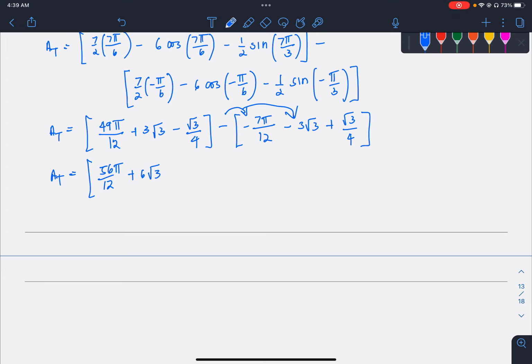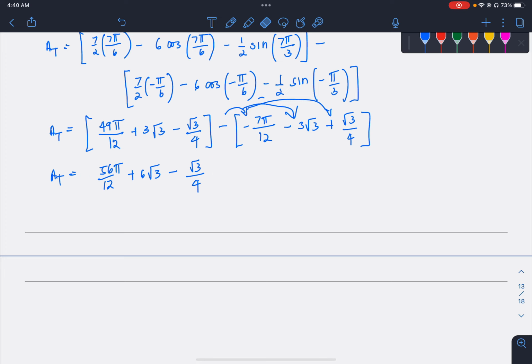And then the negative square root of 3 over 4. Then distribute it, so negative square root of 3 over 4. So I'll have negative 1/4 minus 1/4, that's negative 1/2, or negative square root of 3 over 4.